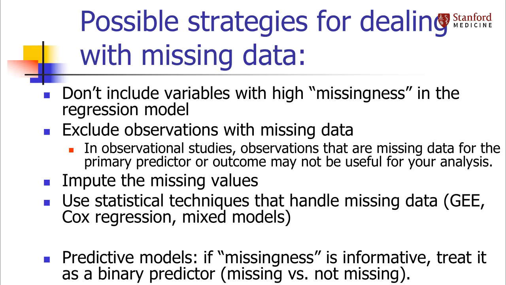Finally, sometimes the missingness itself is informative. If you are doing predictive modeling, missingness might have predictive value. Most of you have probably heard of the Netflix prize. Netflix offered $1 million to the team that could come up with the best algorithm to predict a movie viewer's rating on a future movie based on their past ratings.